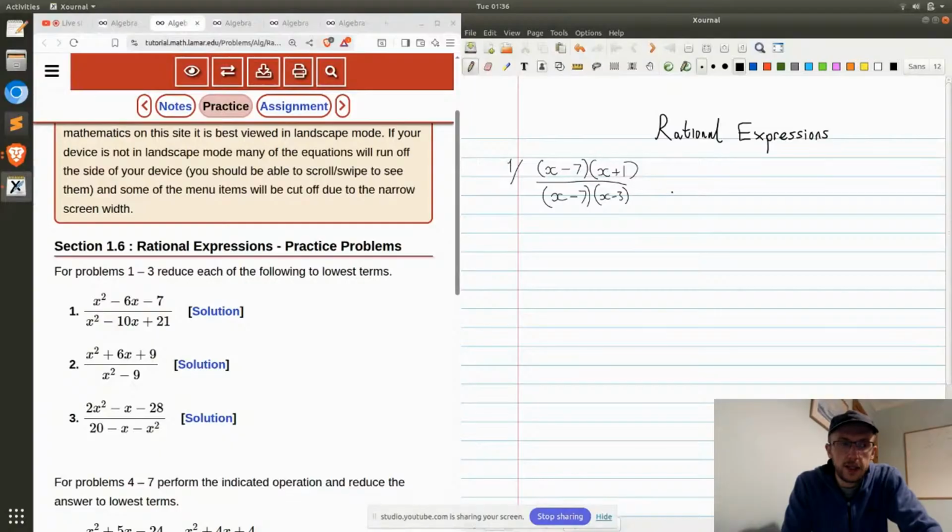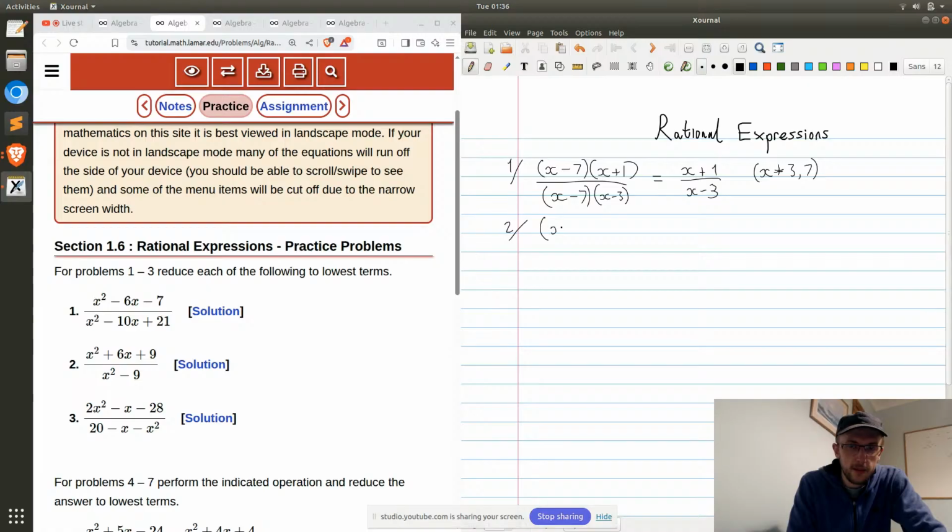If I cancel the x minus 7, I obtain x plus 1 over x minus 3. Now, I don't know if at this stage they want to retain the information that x may not be 3 or 7, but that is something I know comes later on.